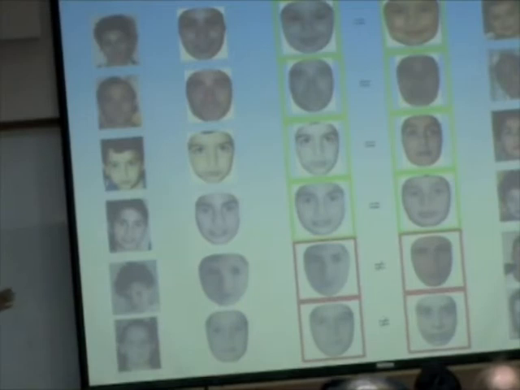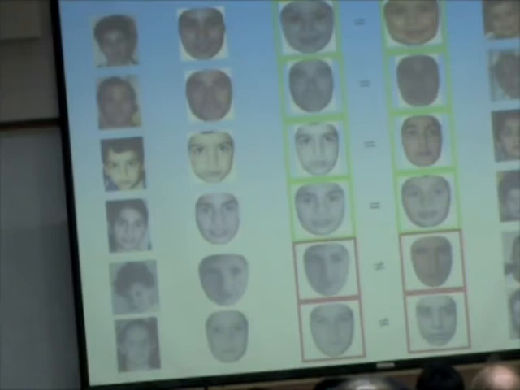And this just shows some examples where the system worked and where it didn't. For the first 4 examples, shown in green, after the age modeling, they were correctly identified at rank 1, whereas without age modeling they were not.